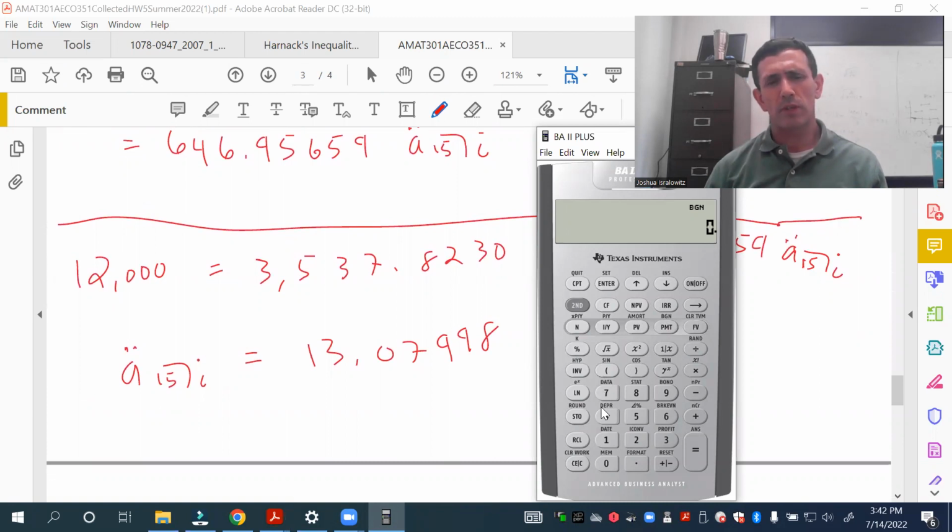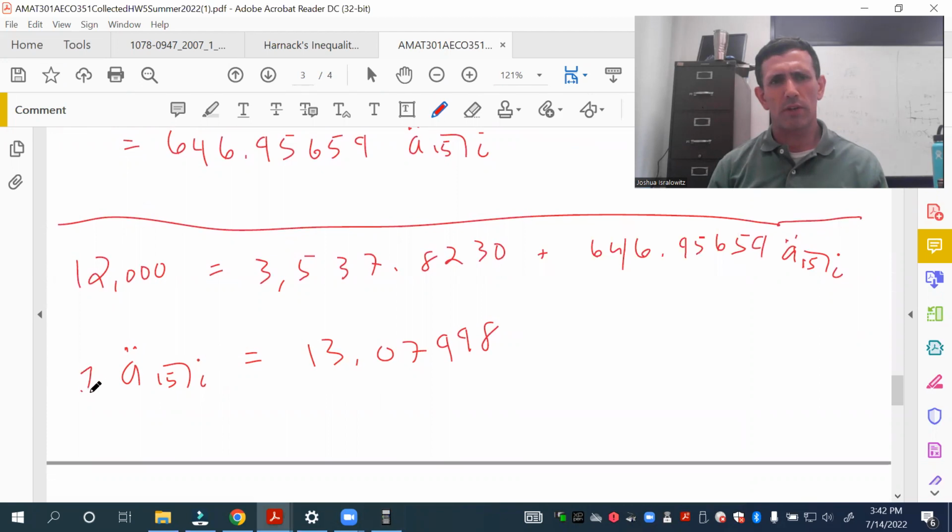All right, so again, to not make your calculator angry, we have two options. We can either make a payment of 1, so implicitly there's a 1 here, or alternatively keep this 646 here. It doesn't matter. So make the 1 negative or make the 13.07998 negative. The logic is that this is saying the present value of 15 payments of 1 at some interest rate is 13.07998.